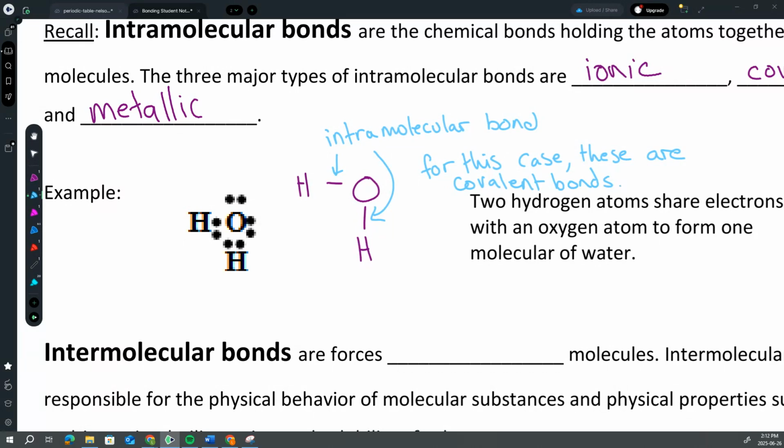Now, if you wanted to get even more specific, you could call them polar covalent bonds, just because oxygen and hydrogen have different electronegativities. So that's why you'd be able to call these bonds between hydrogen and oxygen polar covalent bonds.